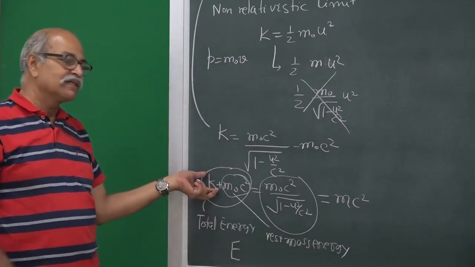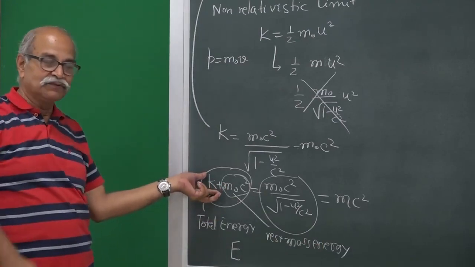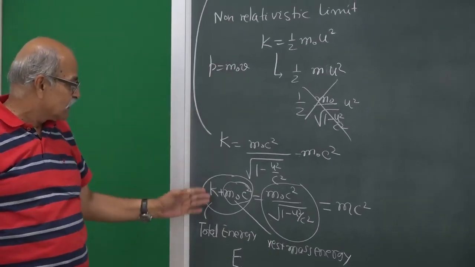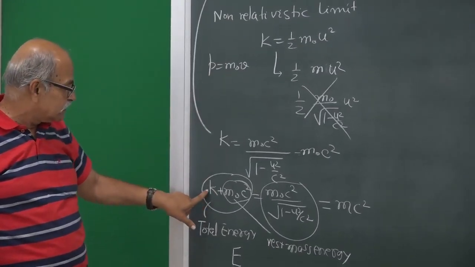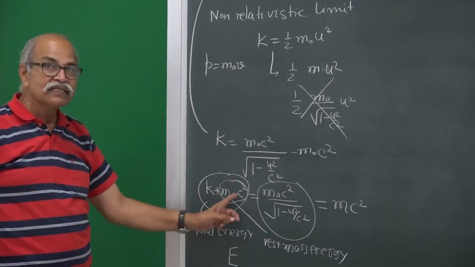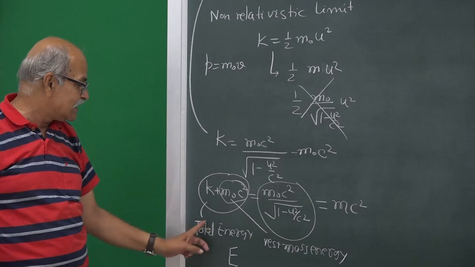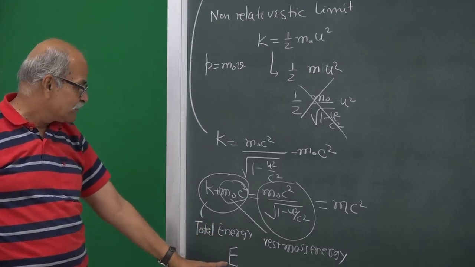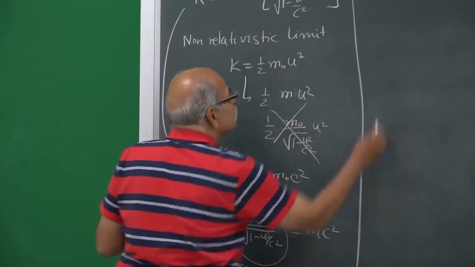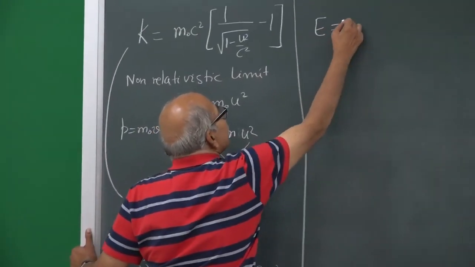Capital K is kinetic energy that we have derived. So, we are not defining it as such, we have derived this expression, and then kinetic energy plus rest mass energy, K plus m naught c square, this we are defining as total energy E, and this expression is written as E equal to mc square.